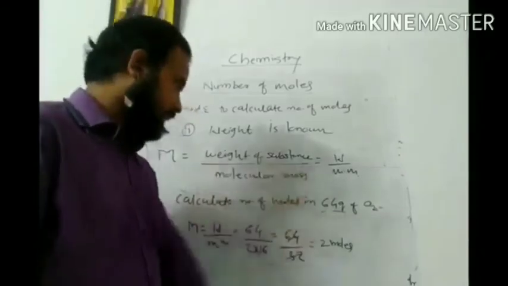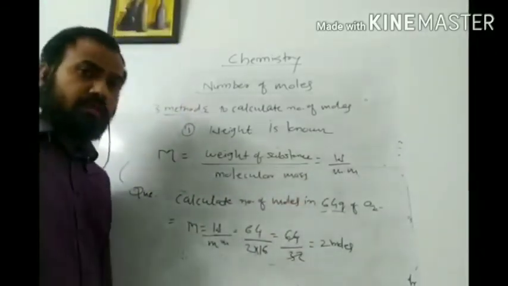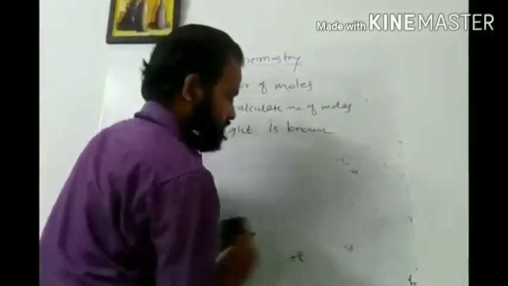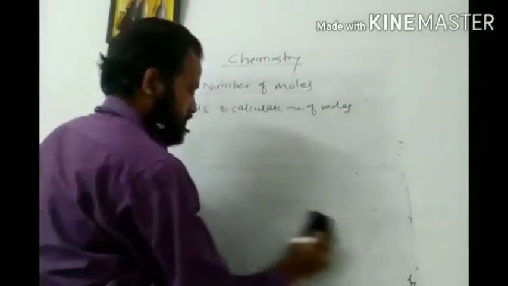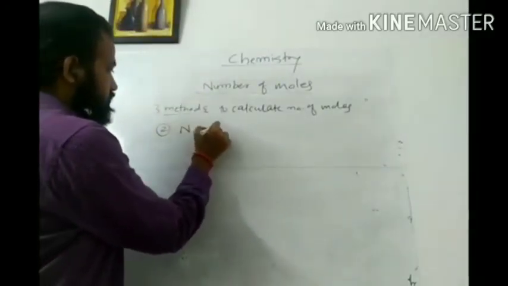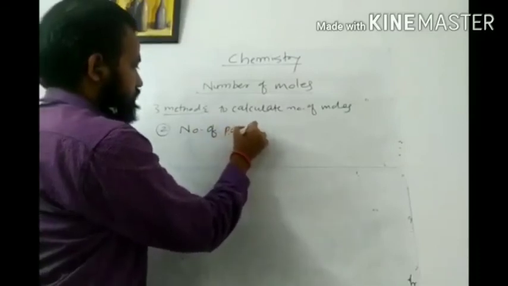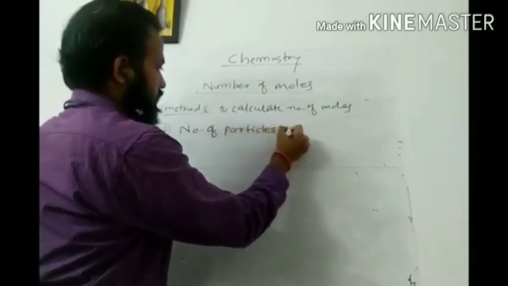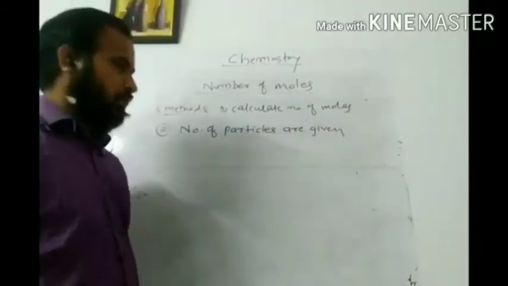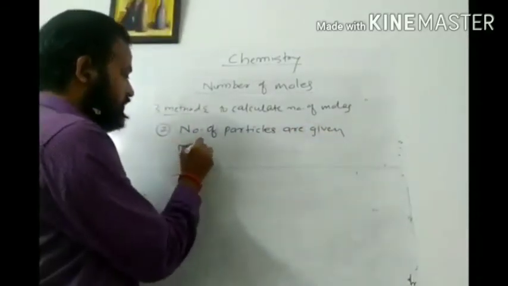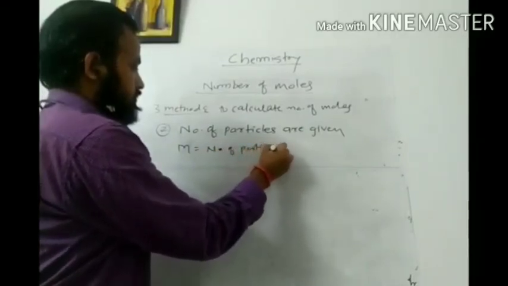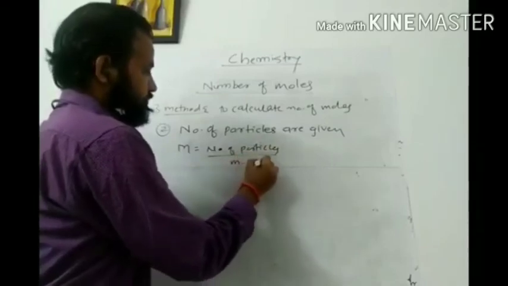Now we will see the second method, that is, number of particles are given. Again we have to use the same formula: number of moles equals number of particles divided by molecular mass, isn't it?